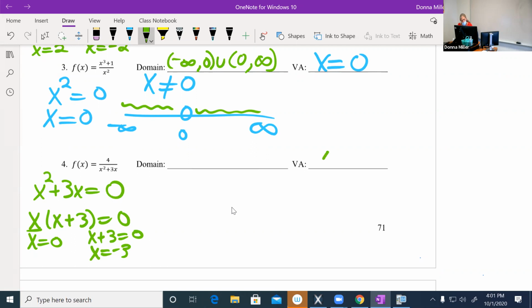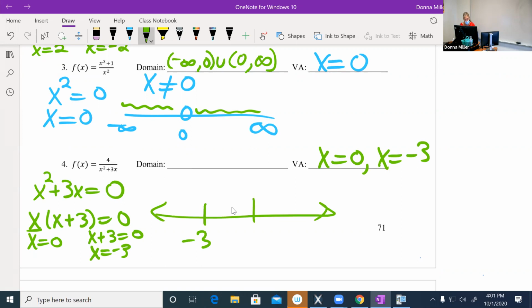All right, so vertical asymptotes. All right, domain, do your number line. I'm leaving off negative 3 and I'm leaving off 0. This interval, this interval. All right, so the first interval is negative infinity to negative 3.